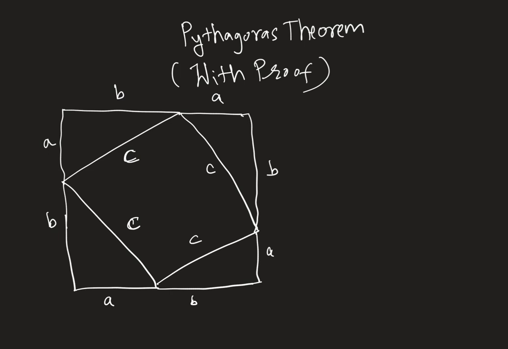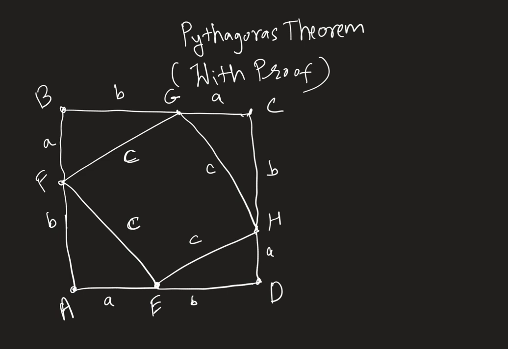Okay. Now let's do some labeling of the corners. So these corners would be capital A, B, C, and D. Let's label the inner corners as E, F, G, H. Okay. Now what all things can we observe?